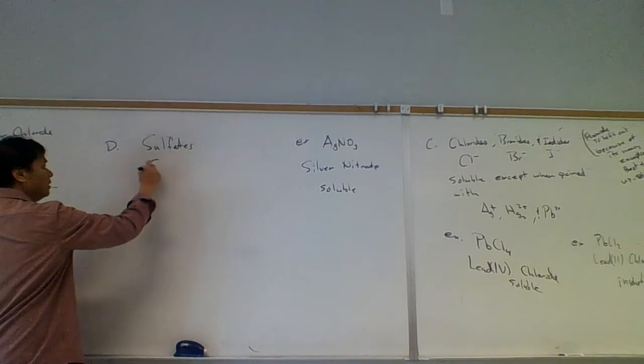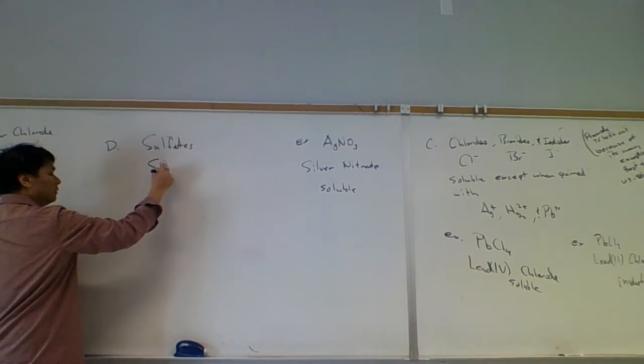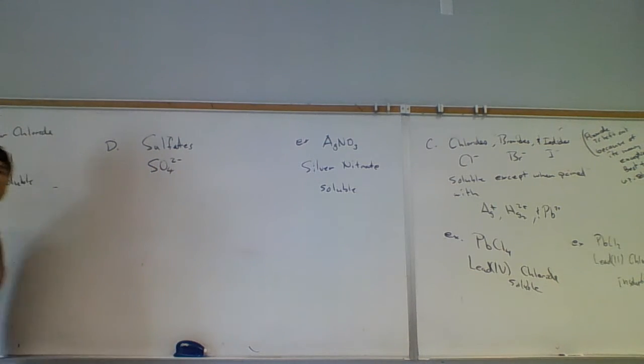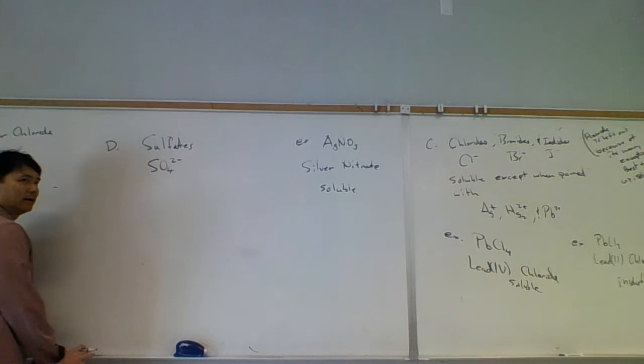Sulfate is SO4 2 minus. That's right. It's SO4 2 minus. Good. Did you do that from memory, or did you look it up? Memory. Or you could have it written down before. Memory would just be from the pattern too.